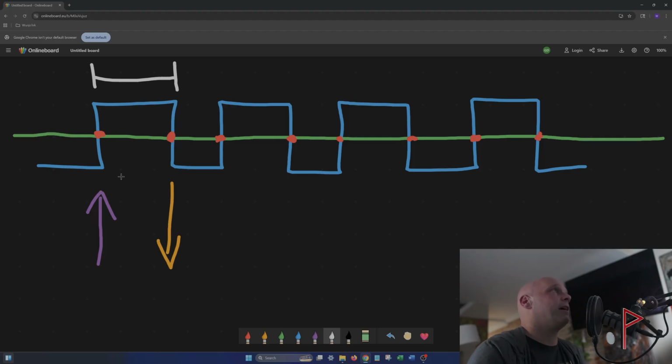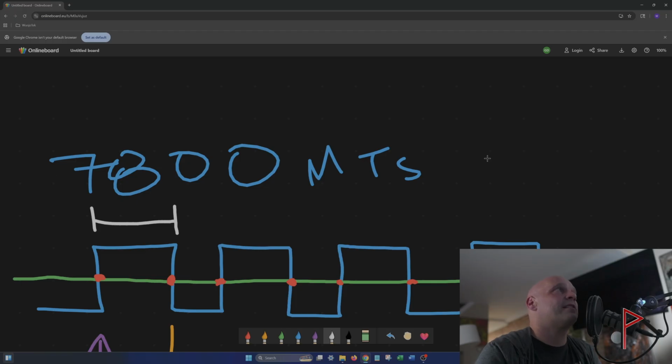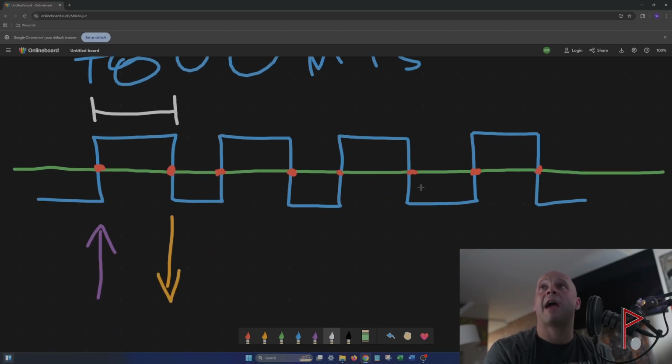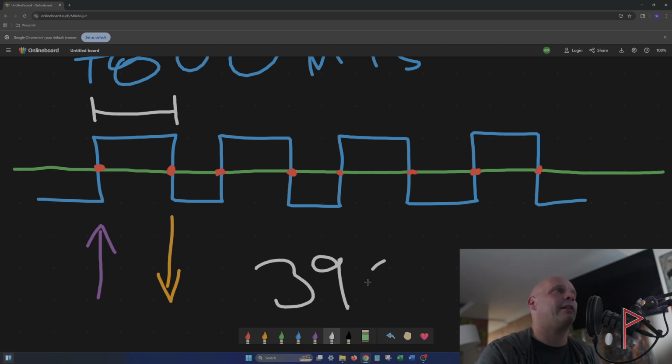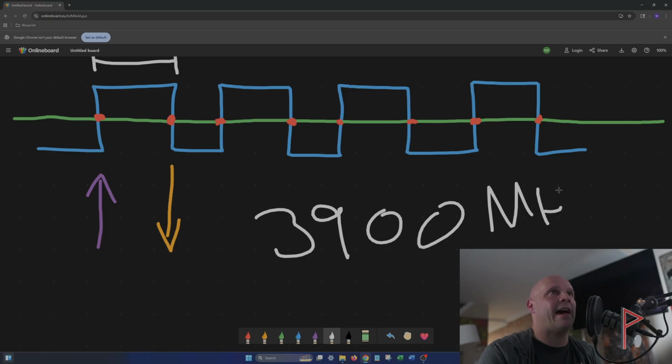Data is being read at the rising edge and the falling edge, at both edges. And that is the difference between 7,800 mega transfers per second as your effective clock and 3,900 megahertz as your actual. It's the difference between transfers and hertz. Yes?